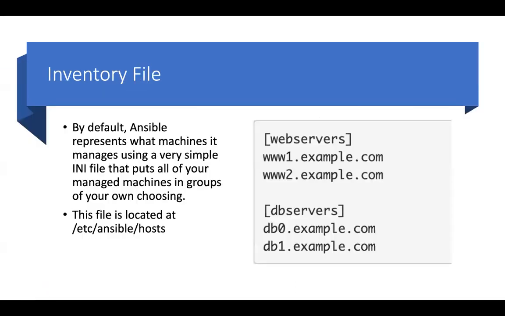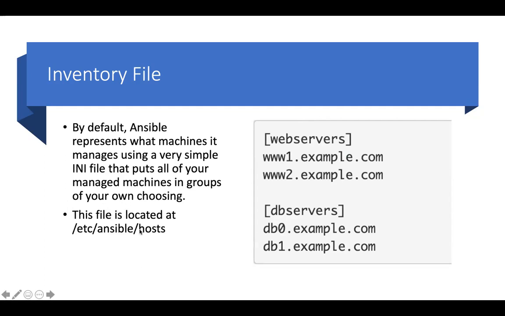For the host inventory, by default, this represents what machines it manages using a very simple INI file. An INI file is just something like this. There's nothing big there. It puts all of your managed nodes in groups of your own choosing.